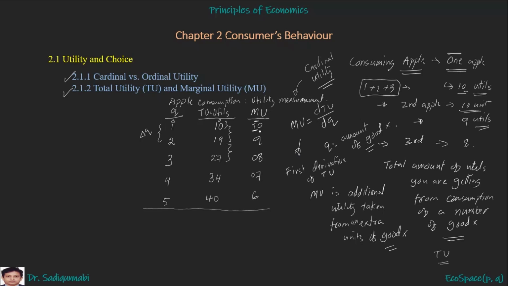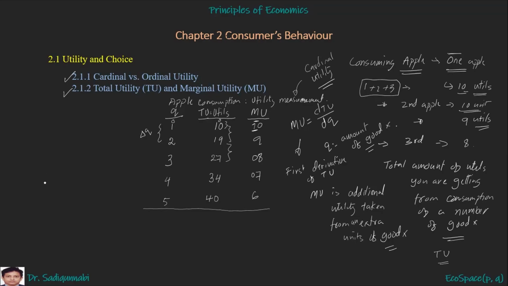Why diminishing? Because once you have fulfilled your thirst by the first glass of water, in the second glass of water you are not getting the same level of satisfaction. The satisfaction level is decreasing because you are not thirsty right now after taking a glass of water. That's why marginal utility is declining.